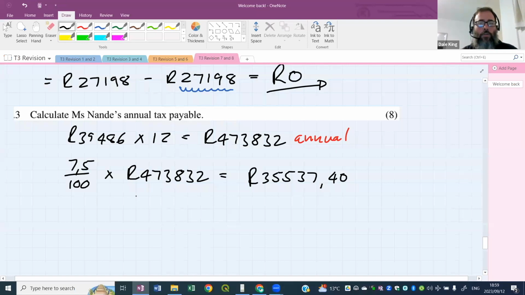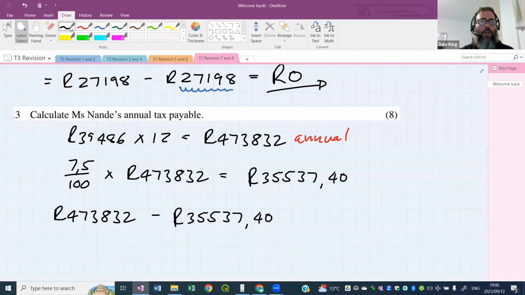So we need to take that off now, hey Ben? Oh yes, you take it off the annual income. All right, so there's our annual income. We're going to take this off. This is the pension money. We can't tax this. It's non-taxable, the question said, so we're going to take it off.